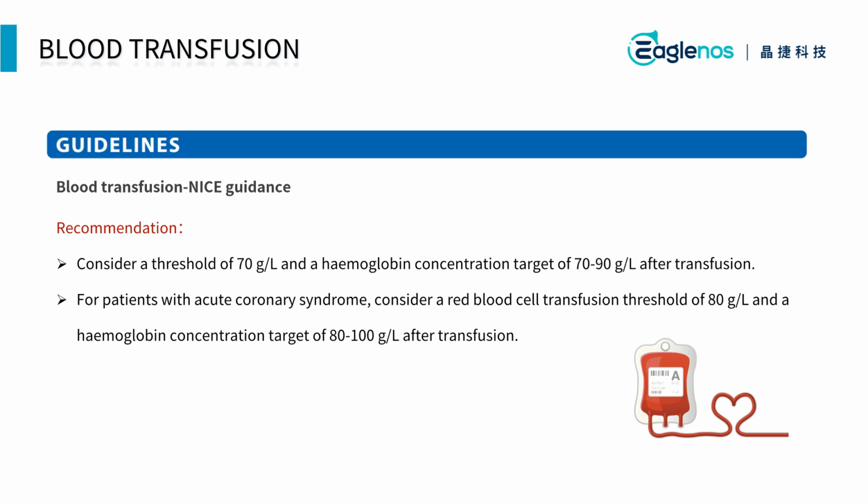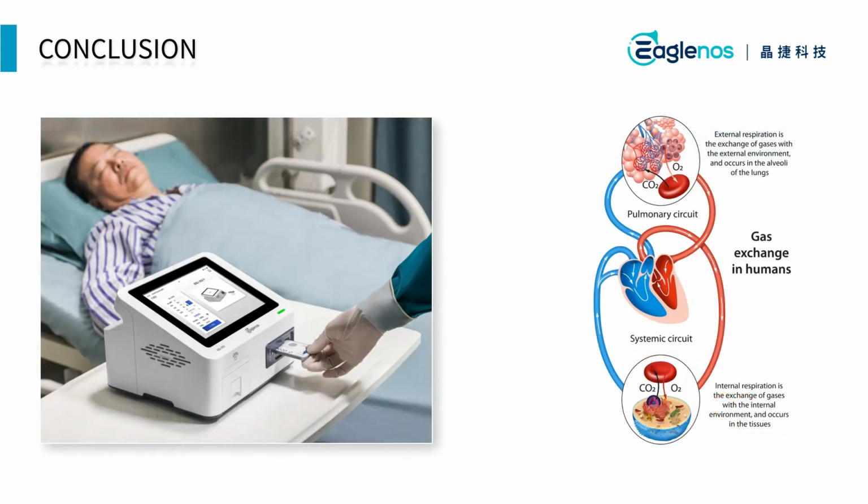The NICE guidelines for blood transfusion provide specific recommendations for the threshold at which transfusion should be considered, based on the patient's hemoglobin levels. Today, we discussed in detail the important clinical applications of blood gas analysis, particularly its critical role in monitoring and managing acid-base balance, electrolyte disturbances, and blood oxygenation.